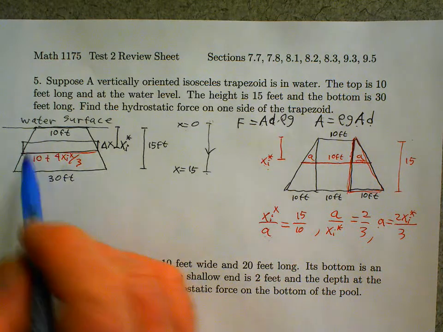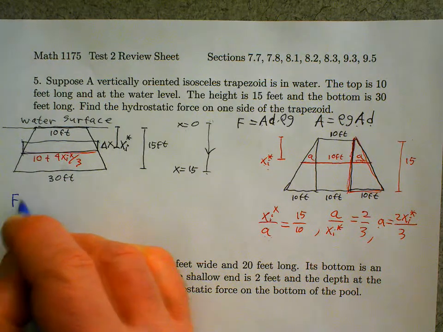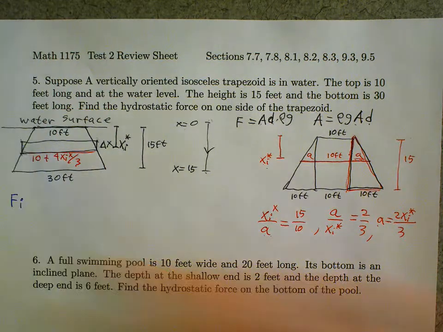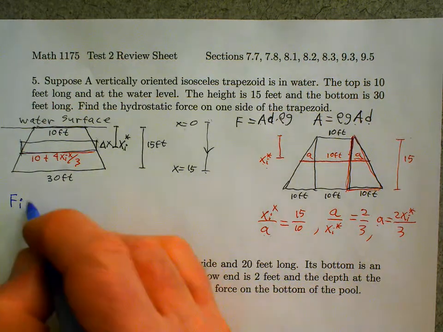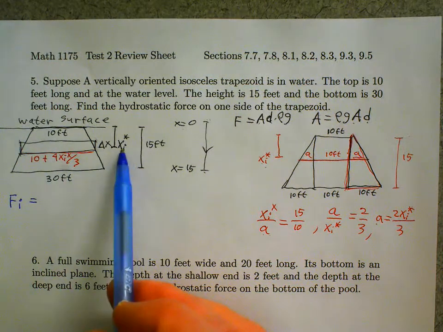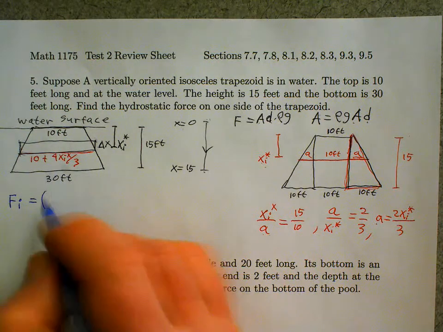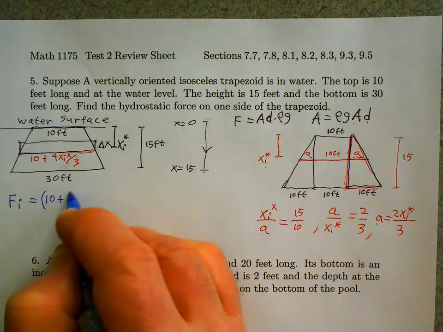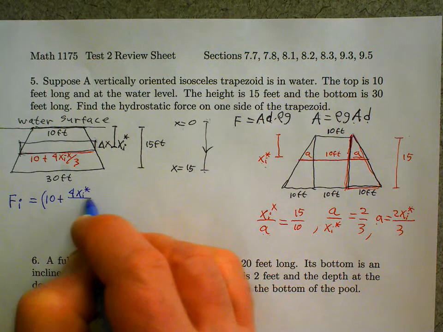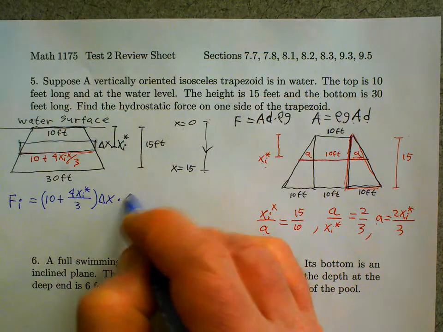Okay, so the hydrostatic force on that rectangle, I'll refer to that as F sub i. Well, it's the area of the rectangle multiplied by the depth. So the area of the rectangle is 10 plus 4 times x sub i star over 3 times delta x, and the depth is x sub i star.